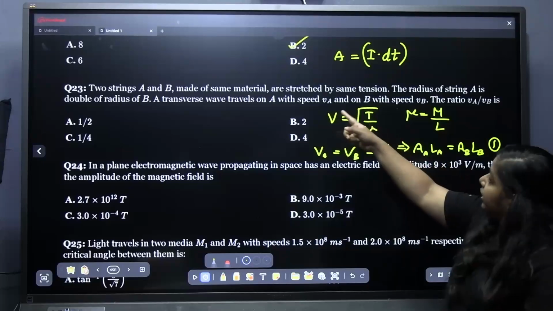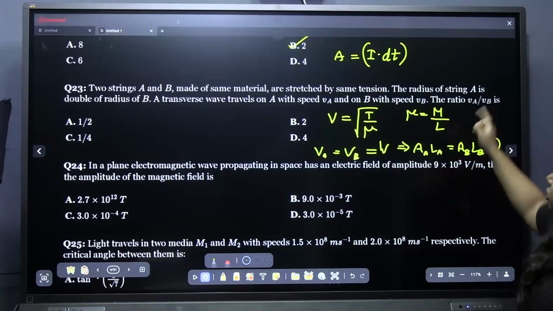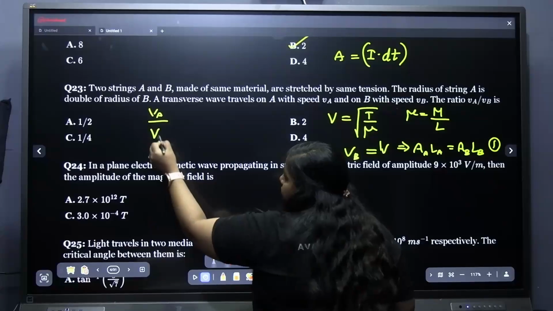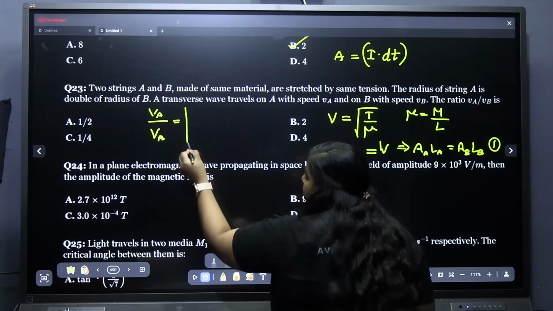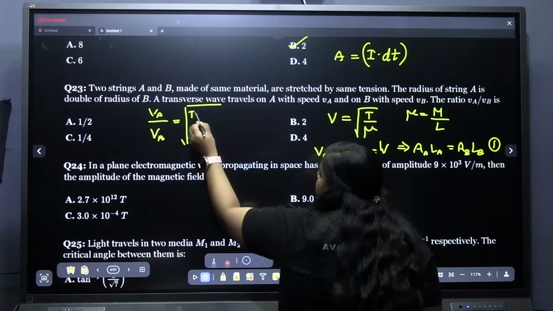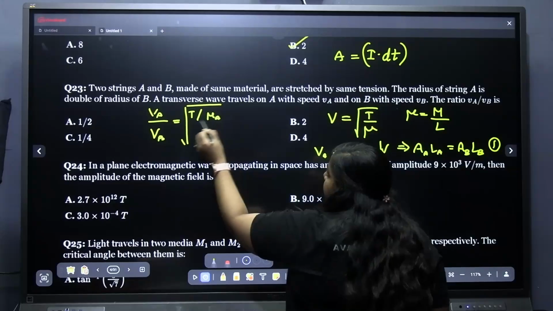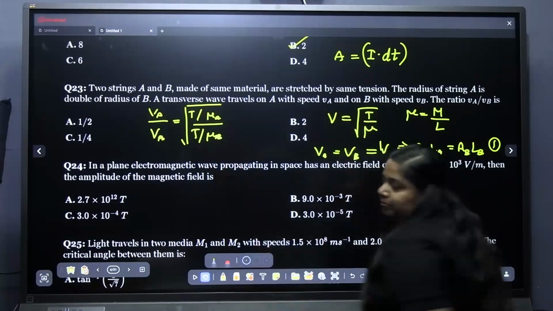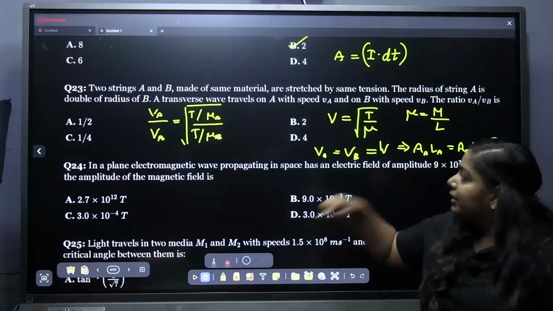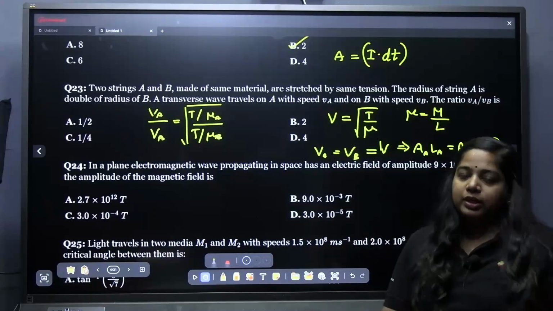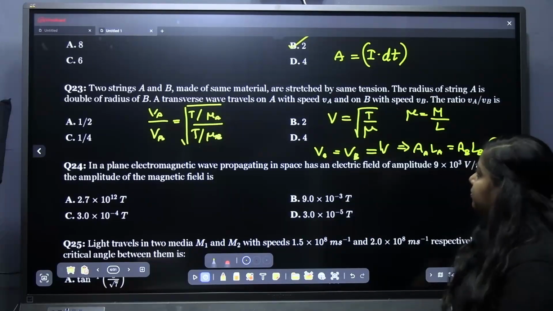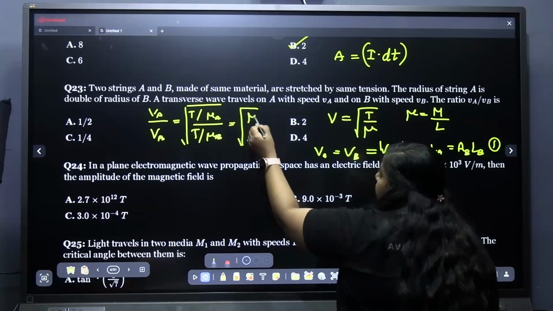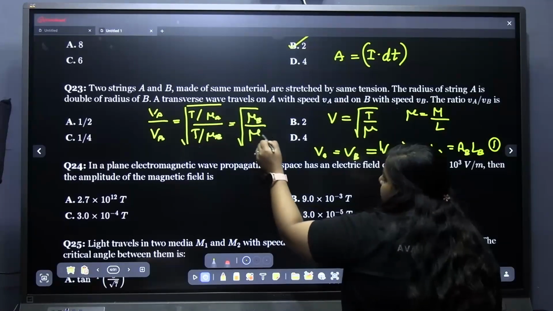Now we have to find ratio of VA by VB. So VA by VB equal to under root T by mu A divided by T by mu B. Same tension, so T will get cancelled. Then this will become under root mu B by mu A.